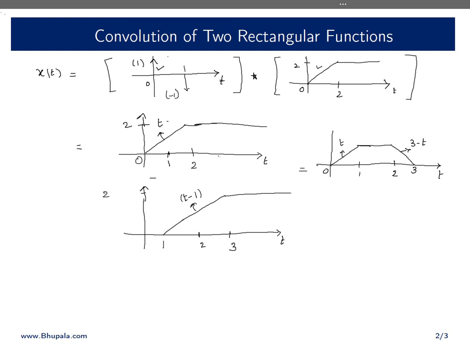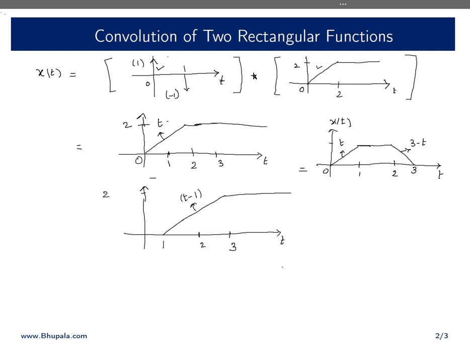So beyond 3, what happens? Beyond 3 this is 2, and this is also 2. Once you subtract, the final answer would be 0. So beyond 3 our function x of t would be equal to 0. Finally, this would be our x of t, which is a trapezoid.